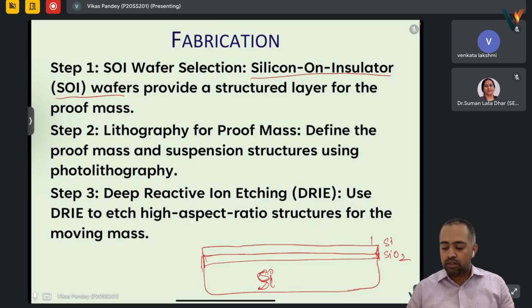So this silicon comes from another wafer that is bonded over the SiO2, and this thin layer is cut out. Whatever silicon we want, we keep, and we remove the top SiO2 or thin it out to get the desired thickness of SiO2.